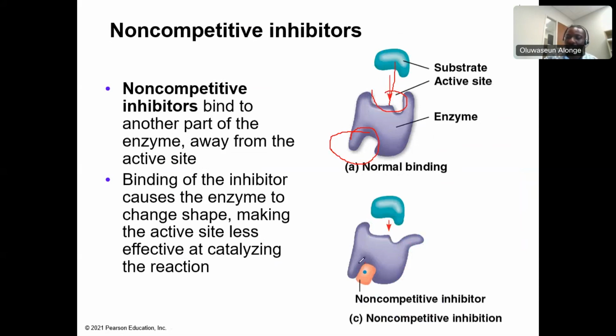So this is it. Once the inhibitor binds here to the allosteric site, so this site is called allosteric. I'll type it right here. Allosteric site.